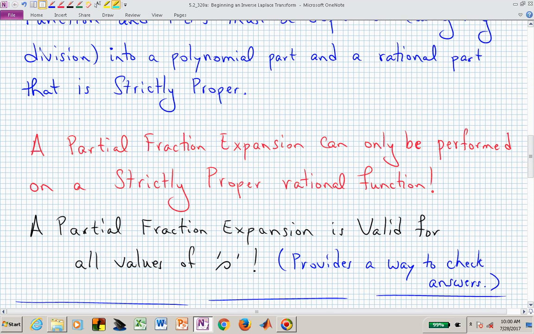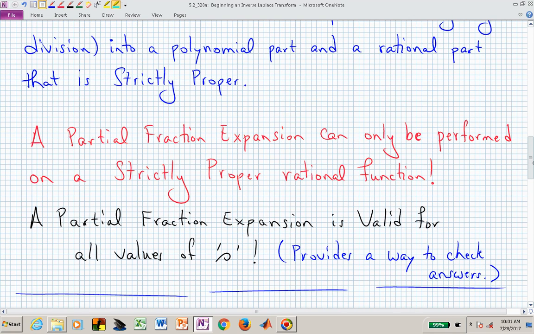Once you have the part identified with a strictly proper transform, the partial fraction expansion of that piece of that transform is valid for all values of this complex frequency variable s. So we can plug in different values of s as ways of checking our work halfway through or all the way through our computation of the partial fraction expansion.